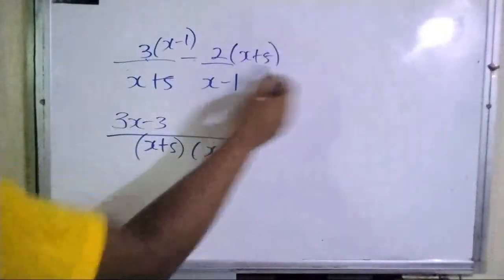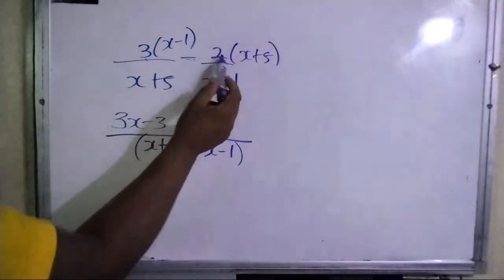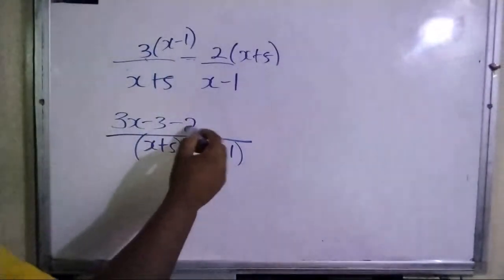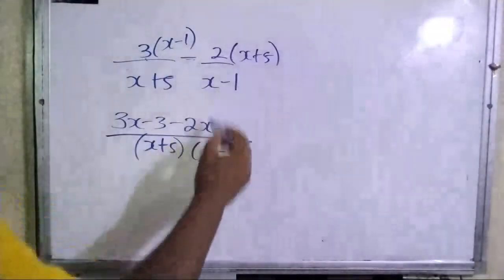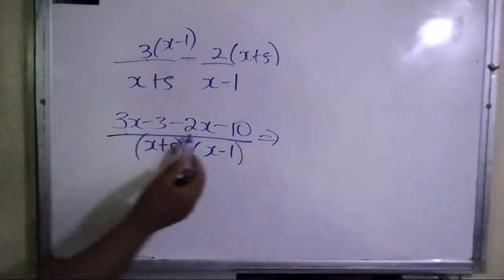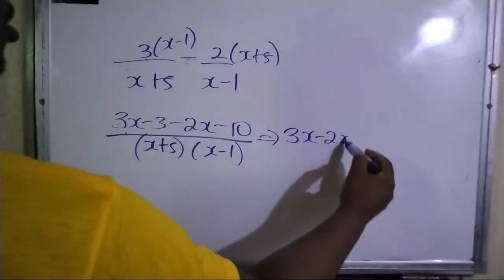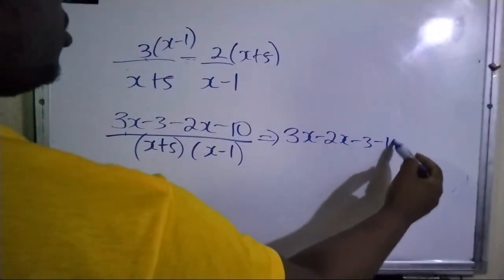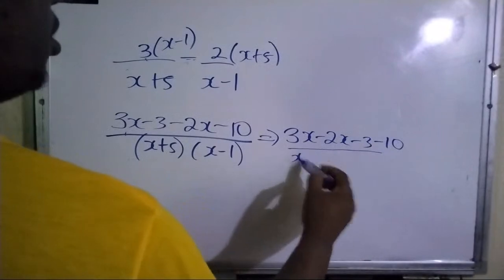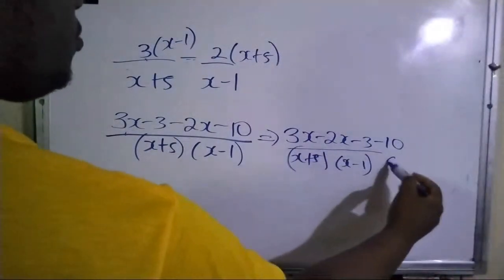But remember, this is a negative, so you're multiplying by -2. So -2 times x gives you -2x, and negative times that gives you -10. Group again. We have 3x minus 2x, we keep the same sign, minus 3 minus 10, all over x plus 5 and x minus 1.